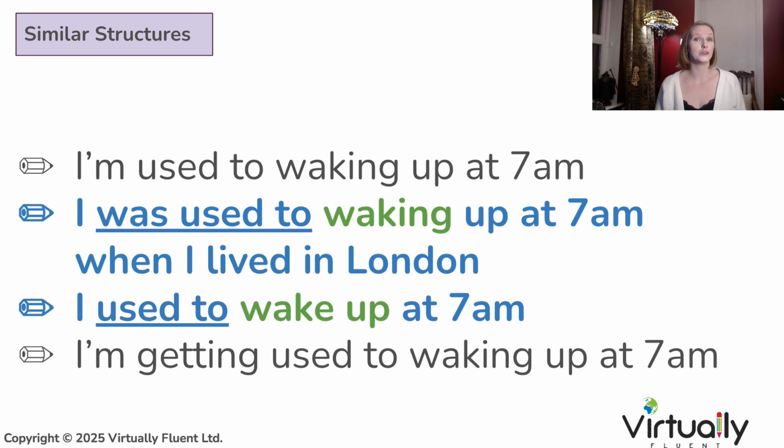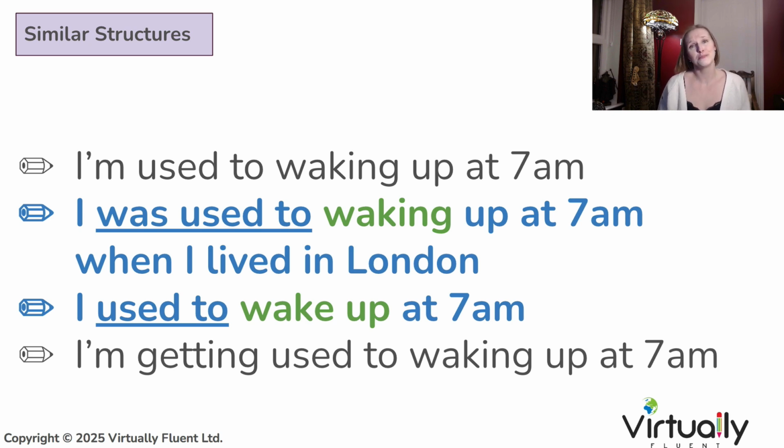Remember, was, were, used to is followed by the ing form of a verb, while used to is followed by the infinitive form of the verb. However, the meaning is different because although both of them are in the past, the focuses are different in the two sentences. Was used to talks about a familiarity of a particular point of time in the past. Used to tells us about a past routine that no longer happens now.